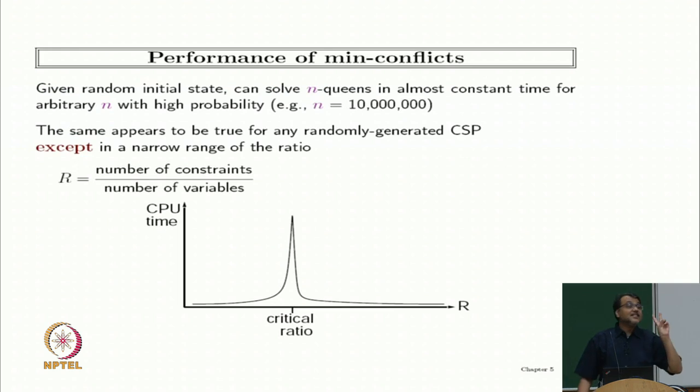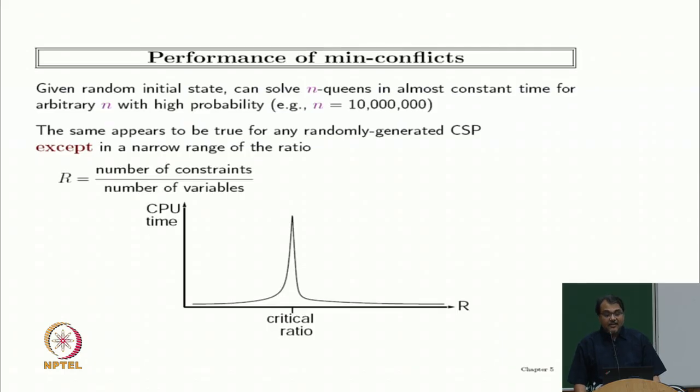Now, 2 very interesting things that I want to share with you. Earlier we said that if I use systematic search, I can solve 1000 queens. And we were amazed that we can go from 25 queens to 1000 queens. Believe it or not, if we do local search, we can get to the 10 million queens problem.